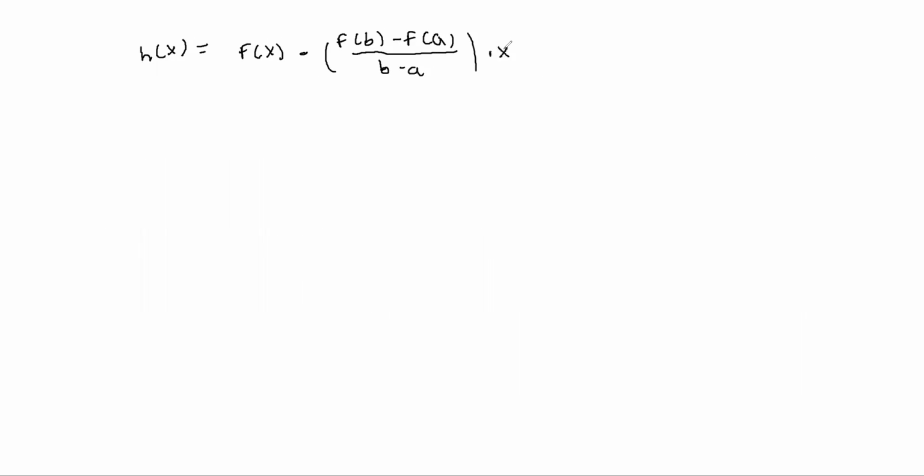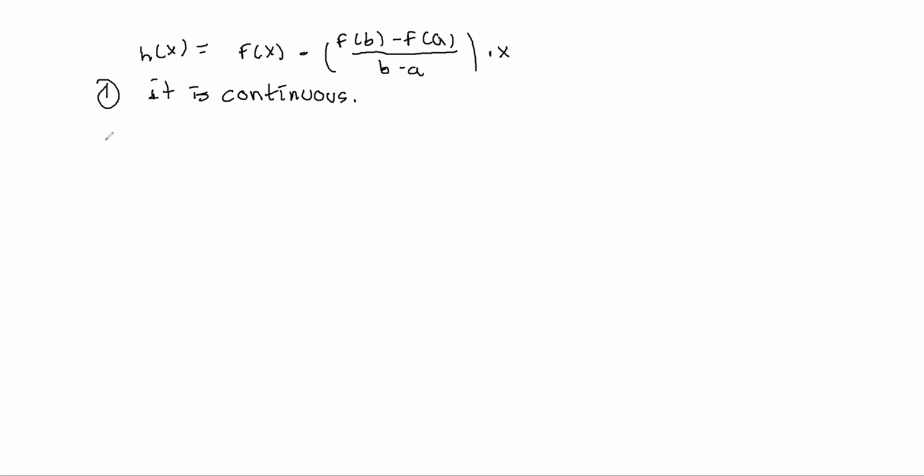So clearly it is continuous, right? So f of x is continuous, that's assumed. And then any product of just x alone is a linear function, which is also continuous. And then we know the sum or difference between two continuous functions is also continuous.